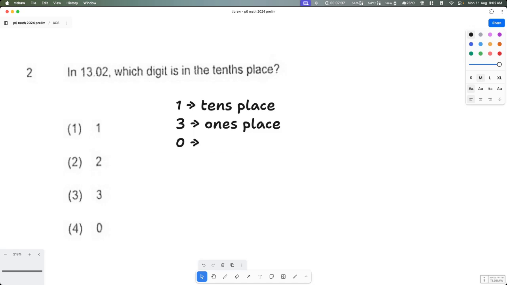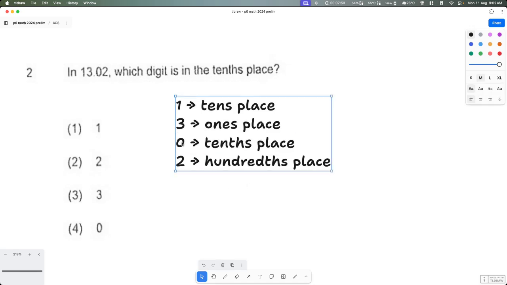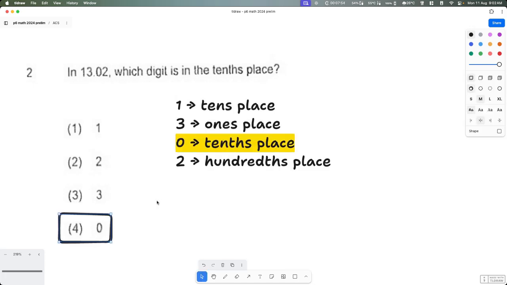There's no such thing as a oneths place, right? So this is the tenths place, and then 2 is in the hundredths place. So therefore, the answer is 0 is in the tenths place, so it's option number 4.